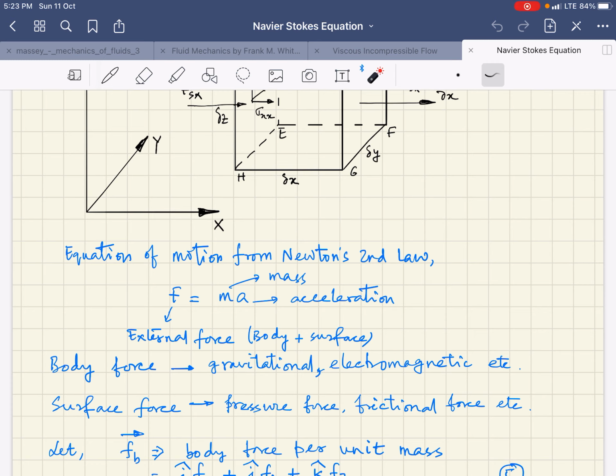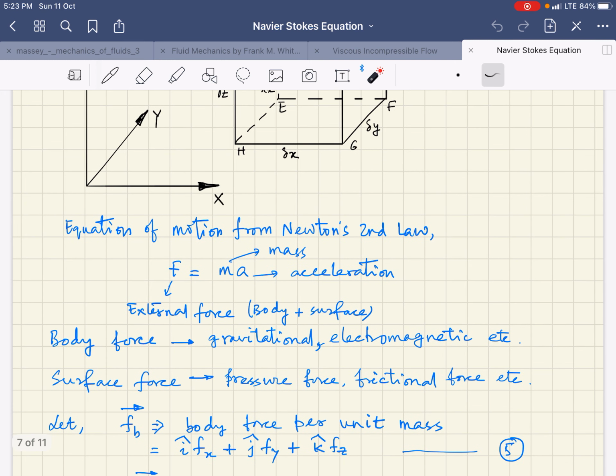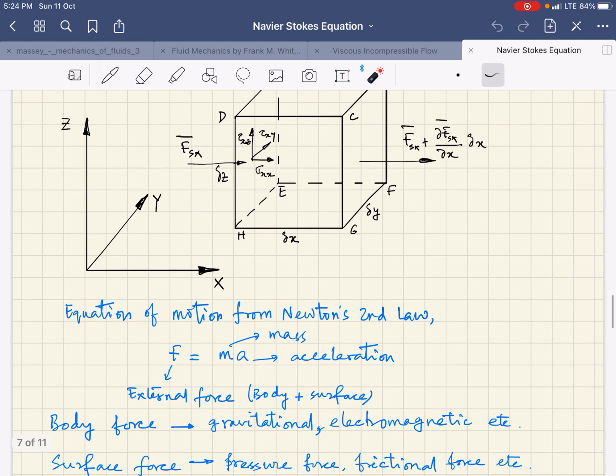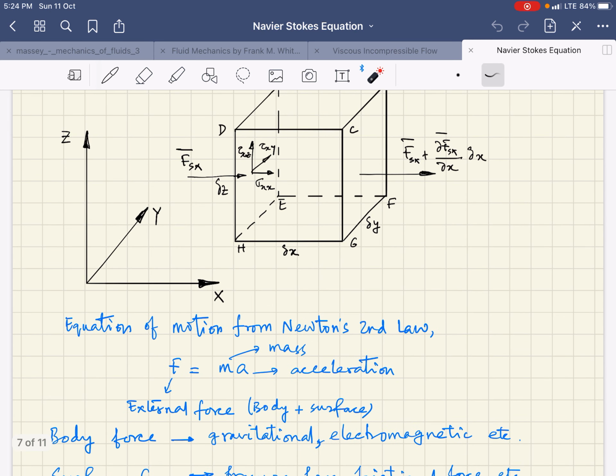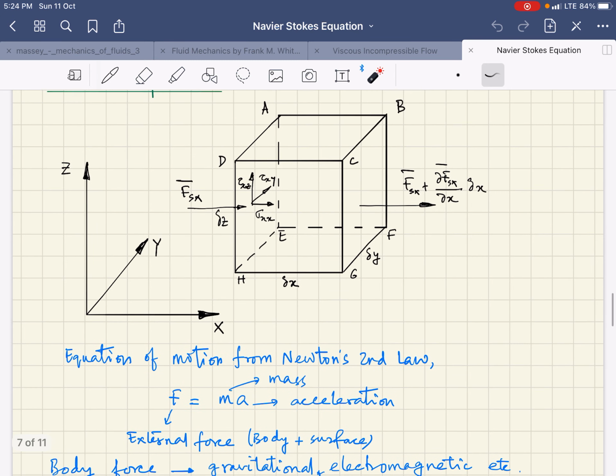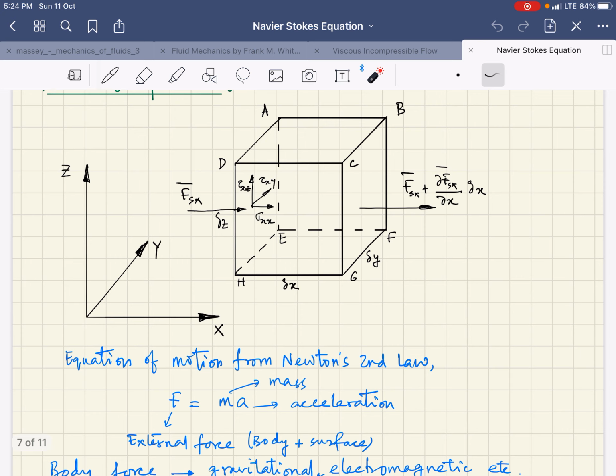Those forces you need to configure, and that should be equated with mass into acceleration. So this is basically the very simple Newton's second law of motion, which has to be applied in a three-dimensional Cartesian frame of reference in a control volume of elemental size delta x, delta y, and delta z.